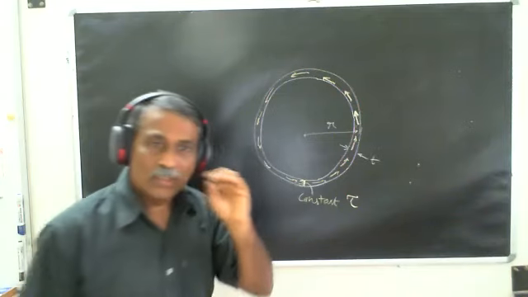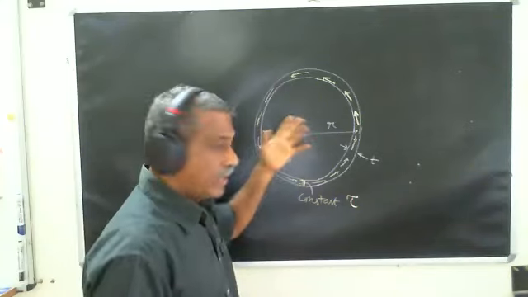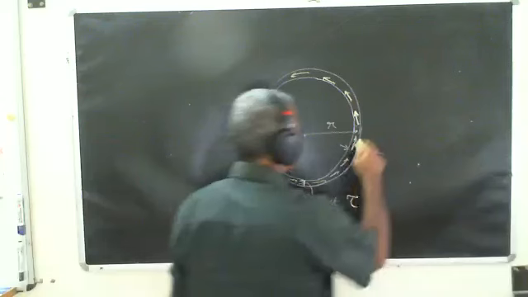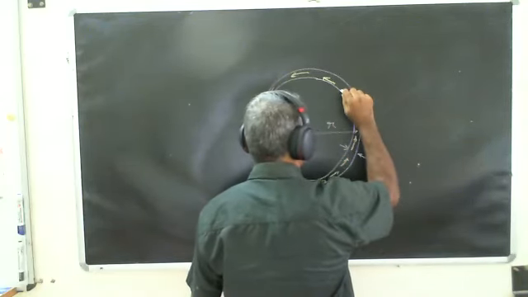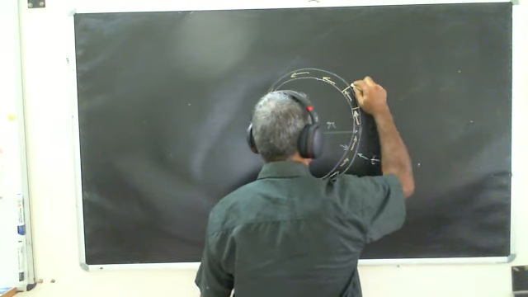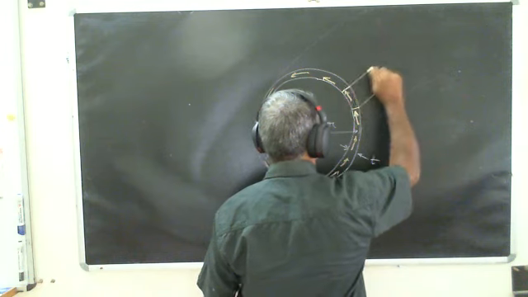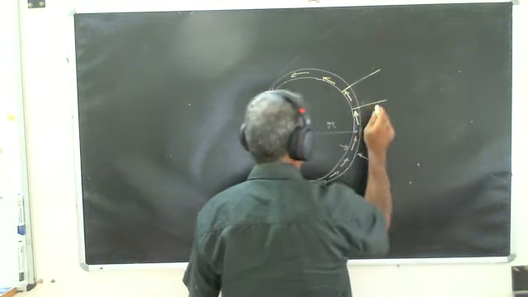Let's do one small exercise and find out what we obtain from a simple free body diagram. So what I'm going to do is I'm going to just cut off a small portion here. Okay. Let me take it like this.